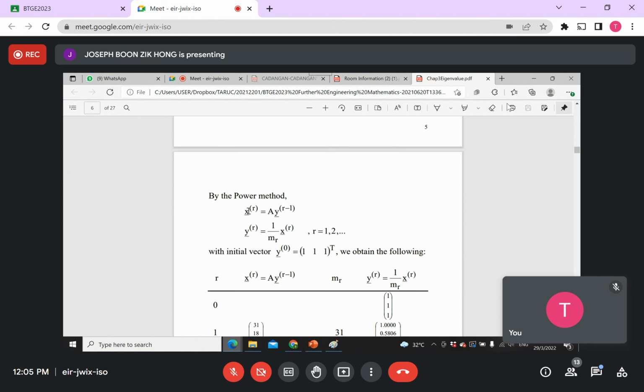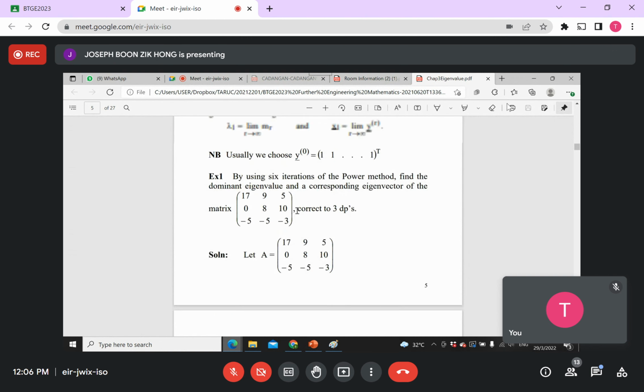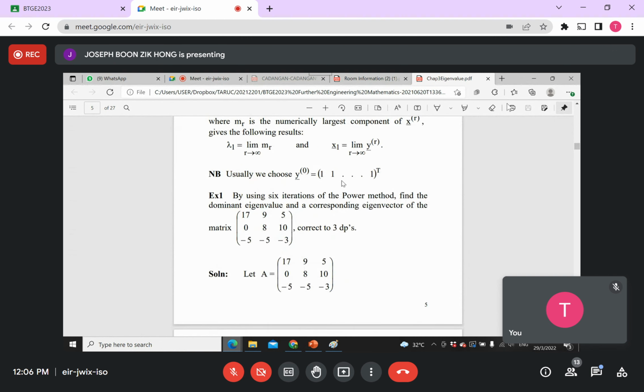By the power method, this is the formula. Let's see how to use it. Normally they will give you an initial guess y0. If they don't give you one, use 1, 1, 1, 1, 1.